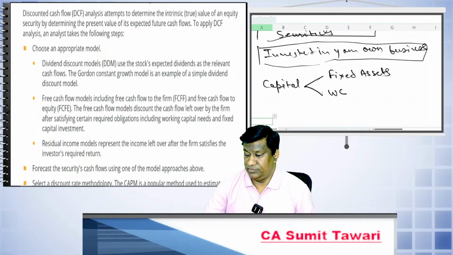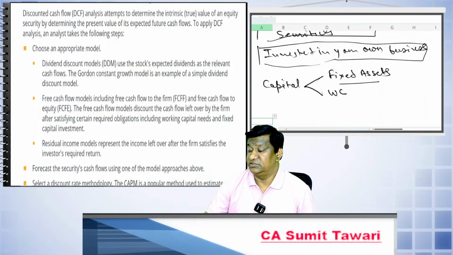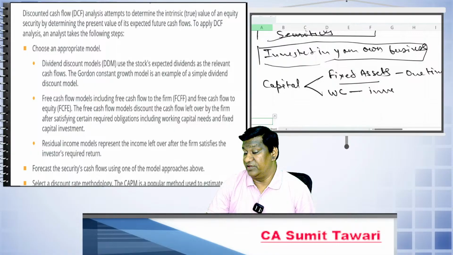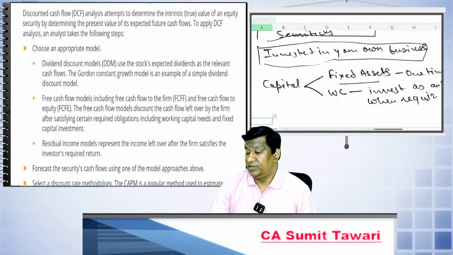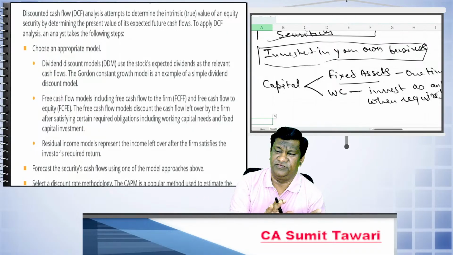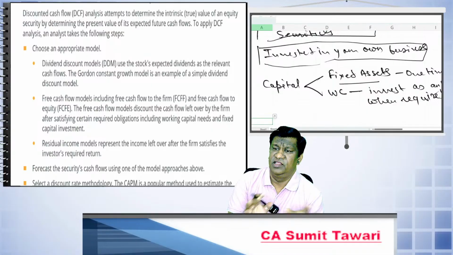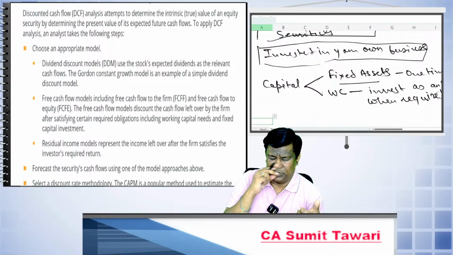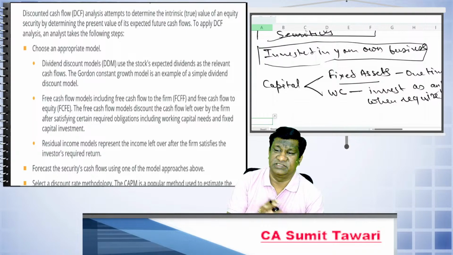Fixed asset is basically one time, but the working capital you need to invest as and when required. Clear? So investing in trading security is a one-time investment. You invest one time, then you get a return, and after the tenure or whenever you want to sell, you can sell it and close.